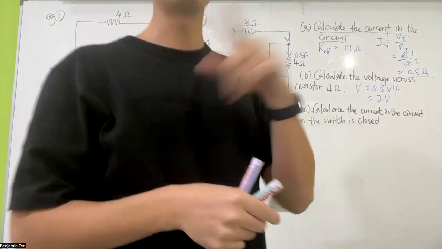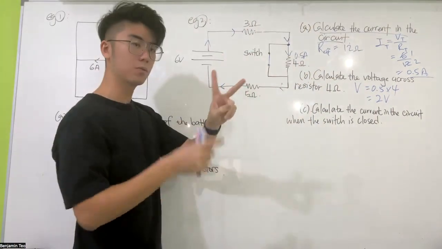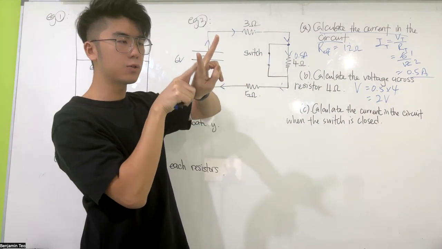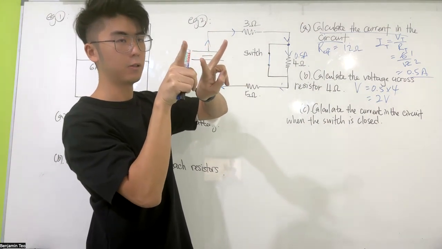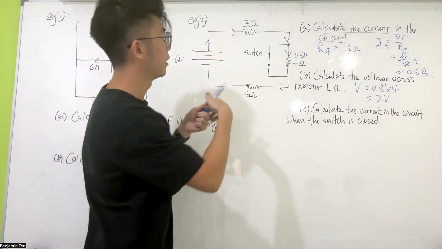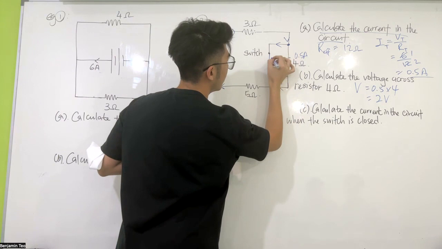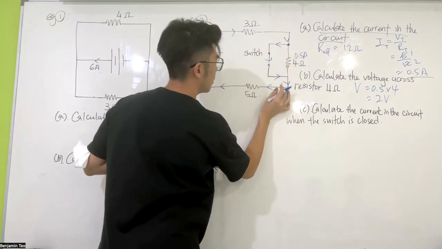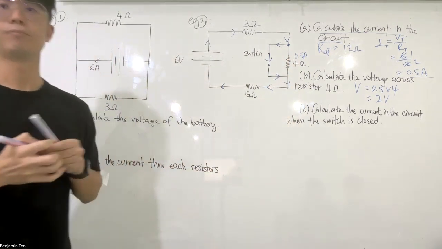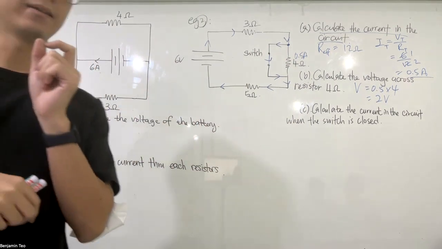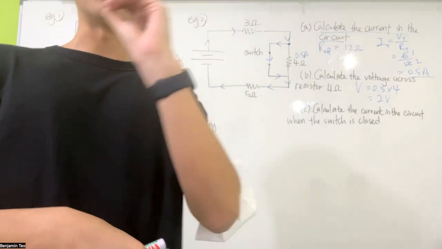If you are given 2 paths, one has no resistance, another has resistance, the current will always choose the one with no resistance. All of the current flows here. That means this will have no current. The current will go like this. Okay, so this is how it affects it. Only when your path has 0 resistance.